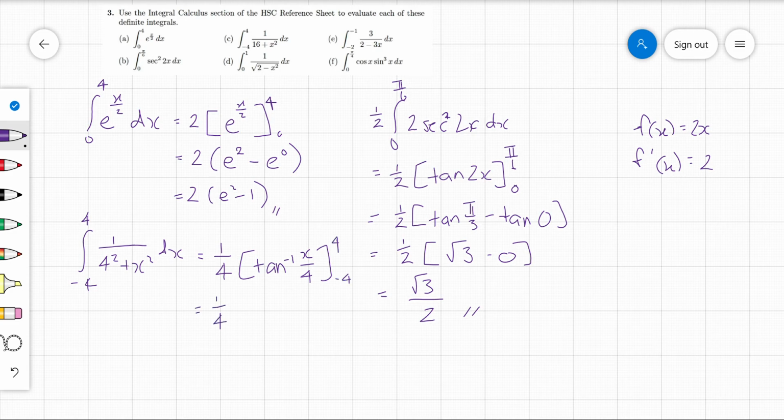So in this one, we've actually got to sub in the 4 first, so inverse tan of 1 minus inverse tan of minus 1 if we sub in the negative 4. All right, don't forget for inverse tans, if you remember back to your trig and Extension 1, when we do inverse tan, we restrict to the first and fourth quadrants.